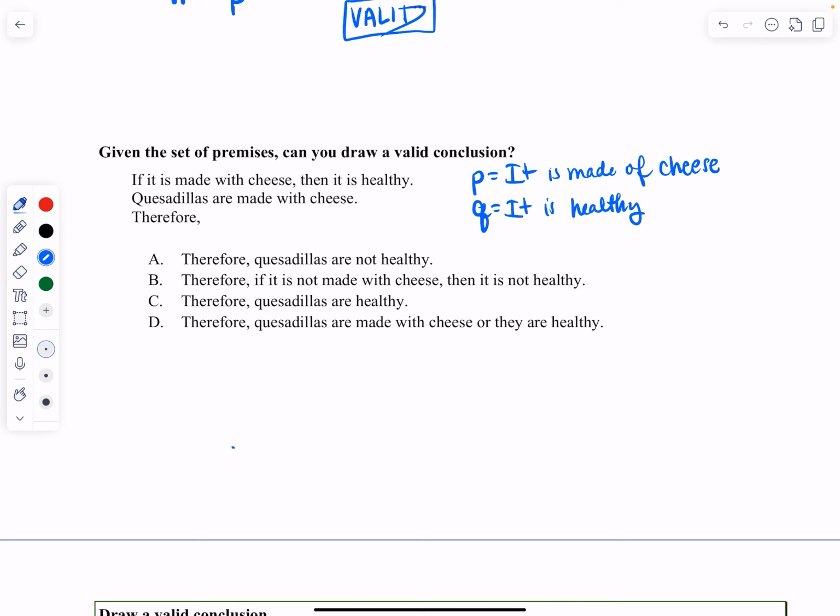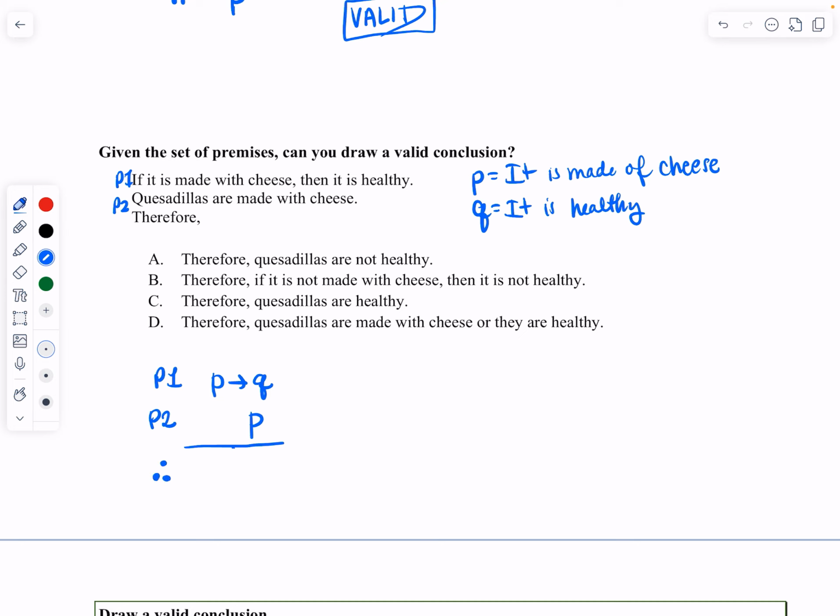So let's write out P1 and P2. P1 states if it's made with cheese, then it is healthy. So we have the conditional if P, then Q. P2 states quesadillas are made with cheese. So that's P, because P is it is made of cheese. Now we need a conclusion.